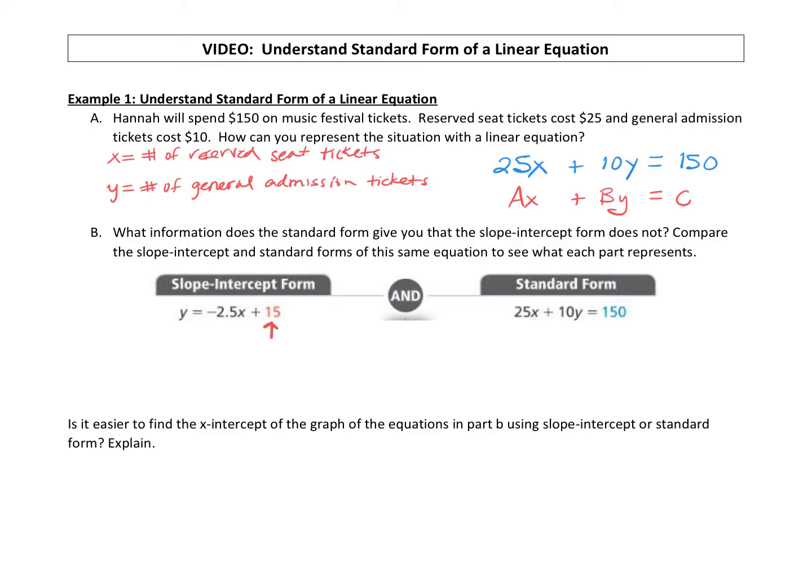So that y-intercept tells us that Hannah can buy 15 general admission tickets. I'm just going to write GA for general admission tickets, if she buys no reserved seat tickets.